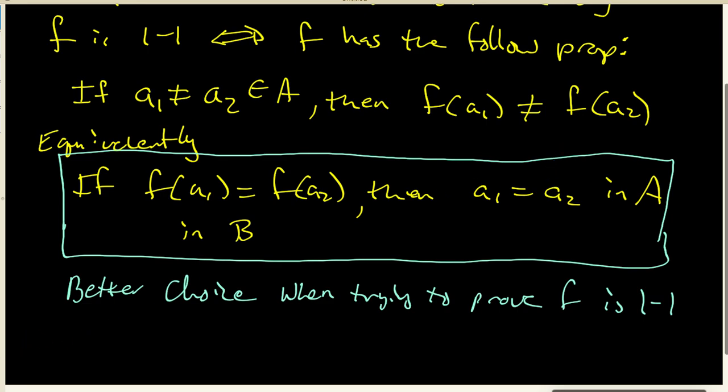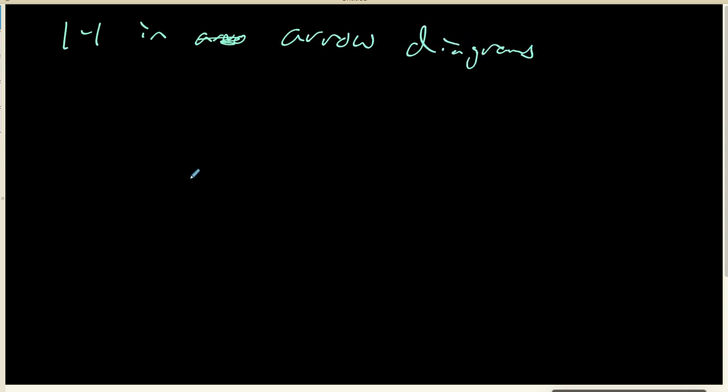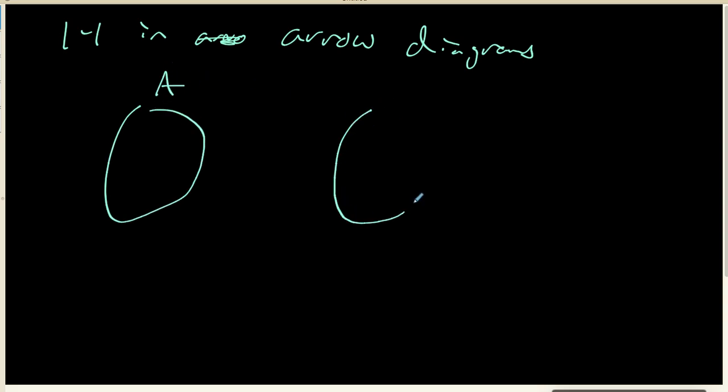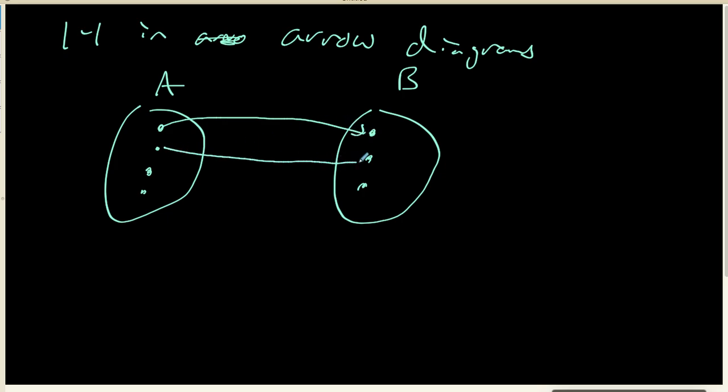The arrow diagram way of thinking about one-to-one looks like this. So in arrow diagrams, here's A, here's B. Basically, one-to-one says if I pick different things in A, they've got to go to different things in B. Since I have to have an outgoing arrow on this one, I have to have at least one more thing there.